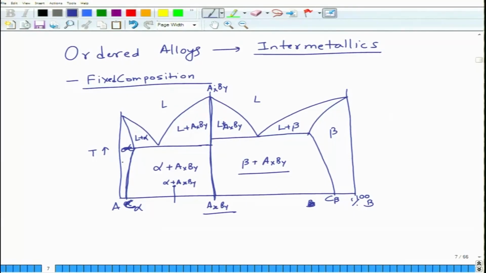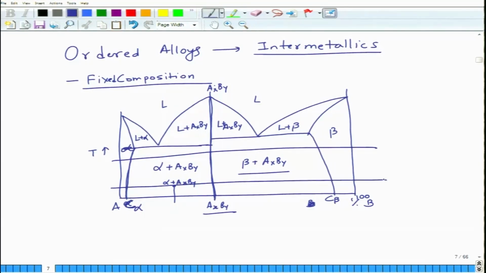So if you compare these two temperatures, T1 and T2, at T2 alpha has more amount of B than at T1, right. Similarly, at T2 beta has more amount of A than at T1, is that right?